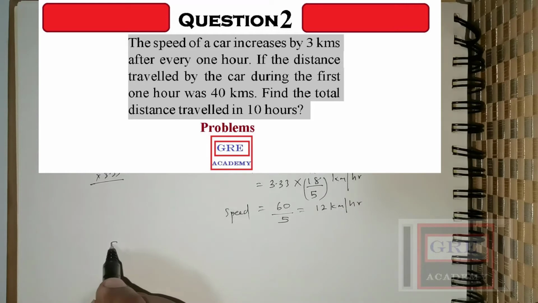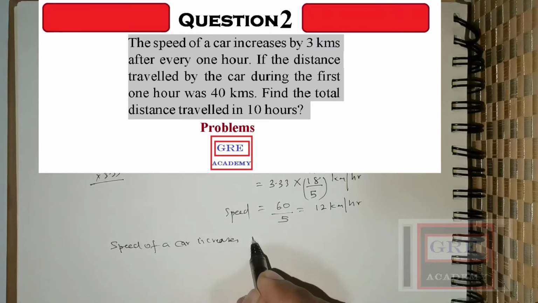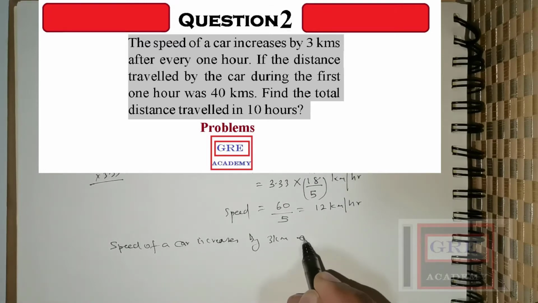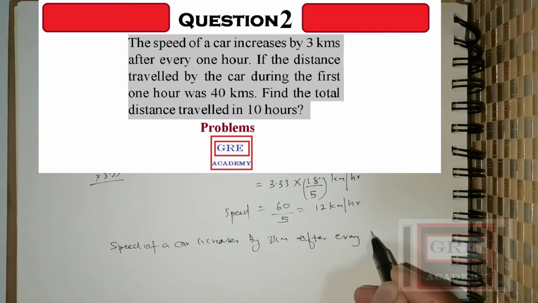Students, in this question we are given that the speed of a car increases by 3 kilometers after every 1 hour.